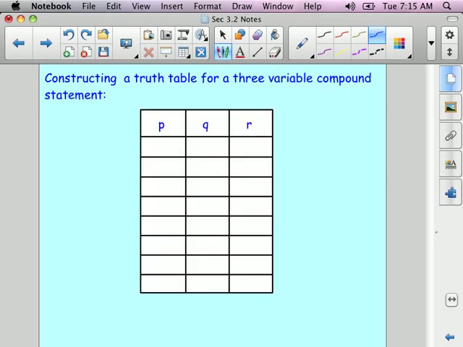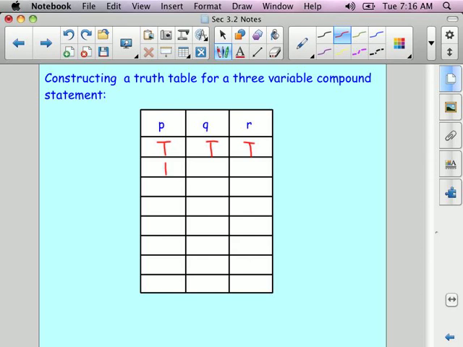And final slide for this video here. We're going to get more into situations where we have three variables, but for right now, I just want to run through how the different possibilities work here. It turns out if you have three statements, there are actually 8 possibilities. So when we're filling this out, all 3 of your statements could be true. That's always the first possibility. It's always possible that all 3 things we start with are going to be true.